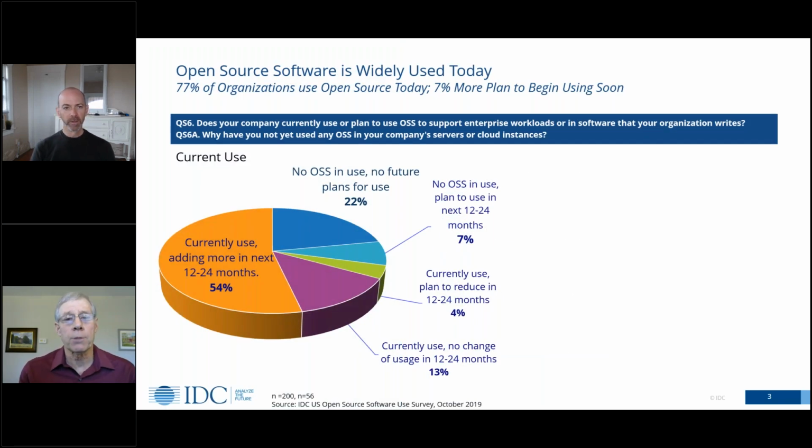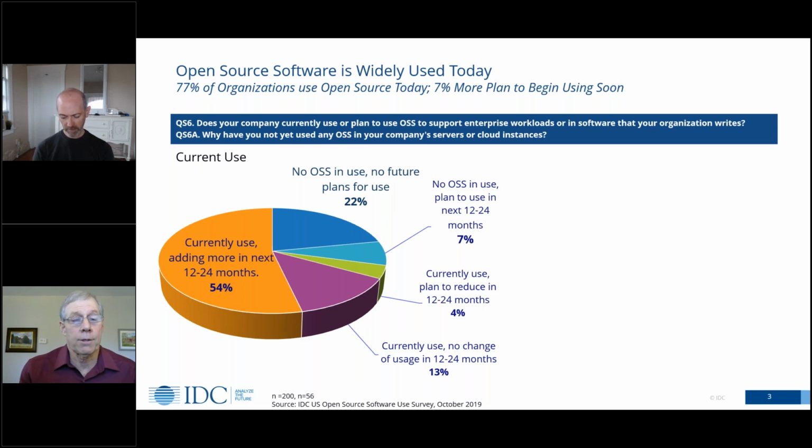This next couple of slides presents data on open source software adoption on a broad basis across the United States. One of the things that's not really surprising, for anybody in the industry today, is that open source software is used pretty pervasively. The question we ask is, does your organization use any open source software to support workloads or for other purposes?